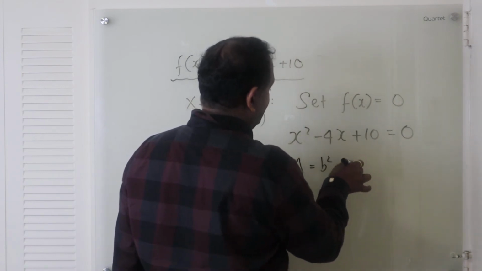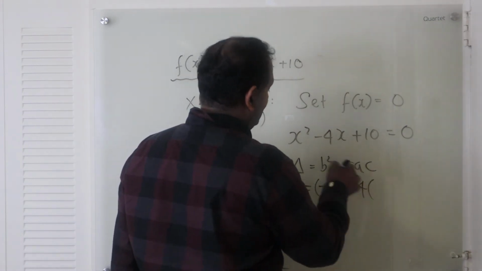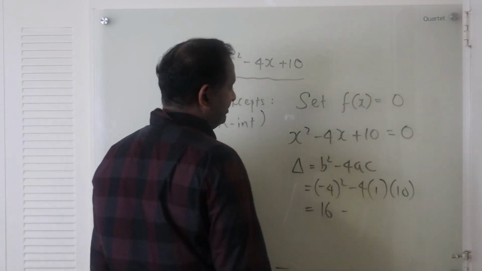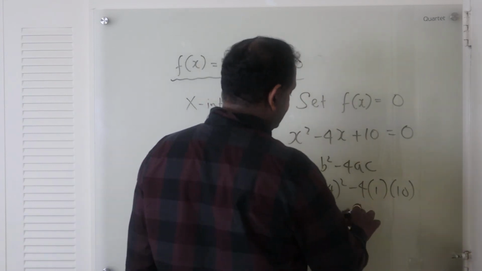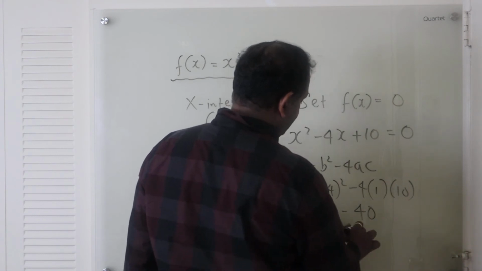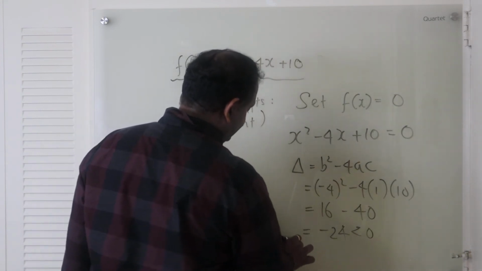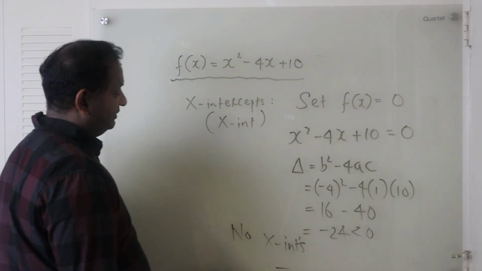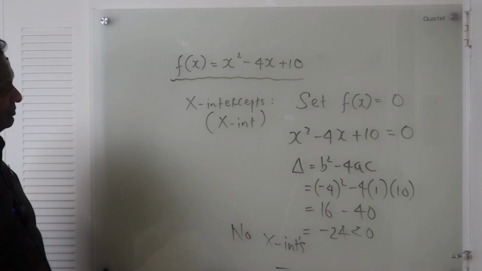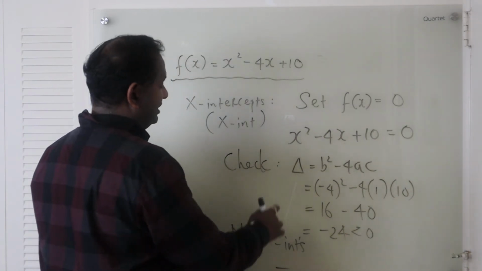Delta, b squared minus 4ac. b is minus 4, a is 1, c is 10. 16 minus 40, which is negative 24. Negative. That means no x-intercept. You can check the discriminant.